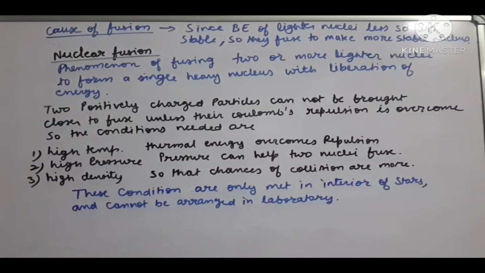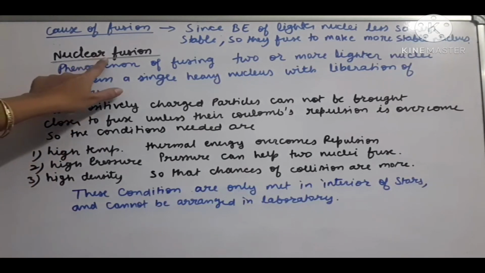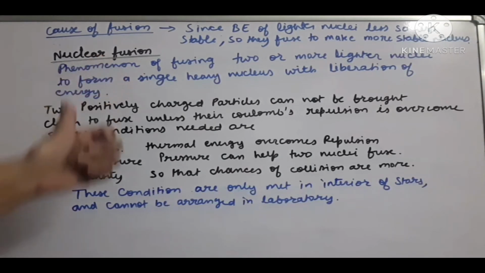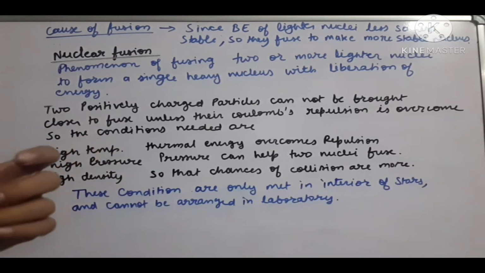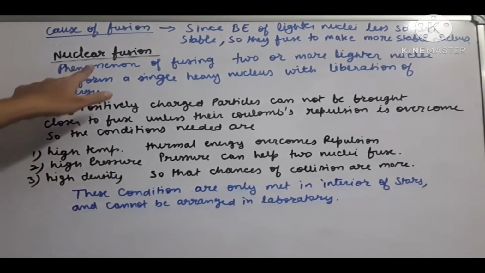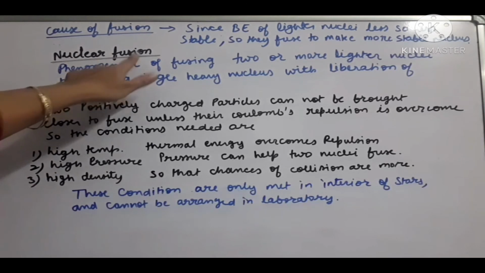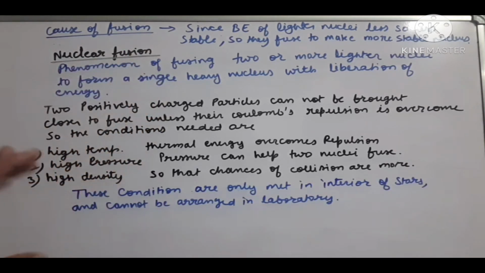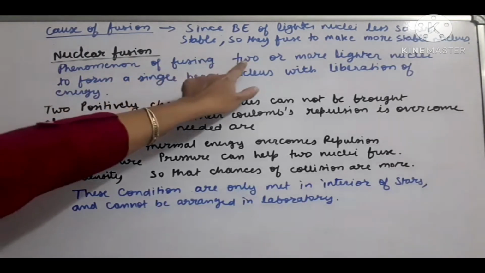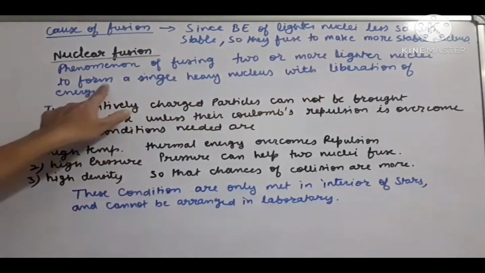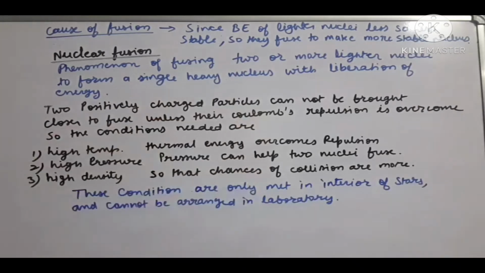Okay, students, let us start now nuclear fusion. Okay, we have completed nuclear fission and one apparatus, the nuclear reactor, based on that. Now today it is nuclear fusion. Okay, so fusion, as we have discussed before also, is the phenomenon of fusing two or more lighter nuclei to form a single heavy nucleus. So we can show it in this diagram.